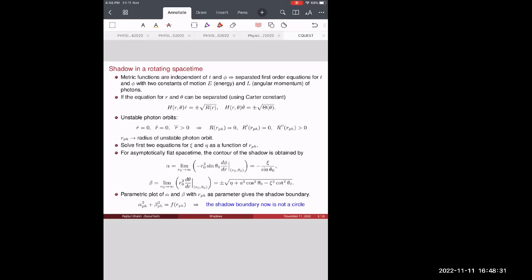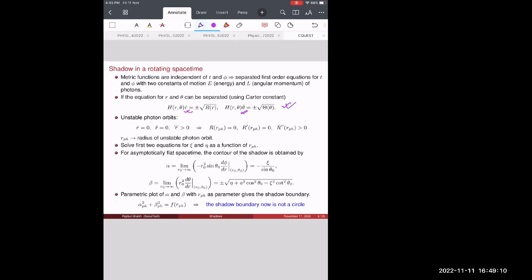This implies that we can separate the equations for t and phi using two constants of motion, the energy E and the angular momentum L. Sometimes the equations for r and theta can also be separated, usually using the Carter constant, and if we can do that, then the geodesic equations for r and theta can be written in this general form.